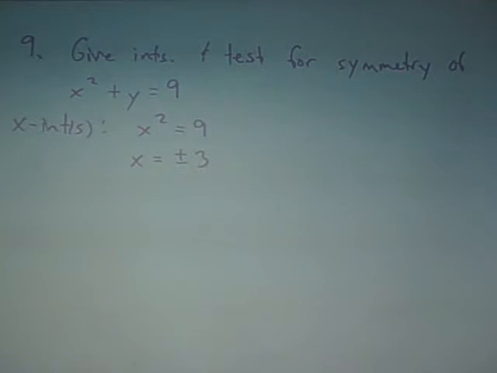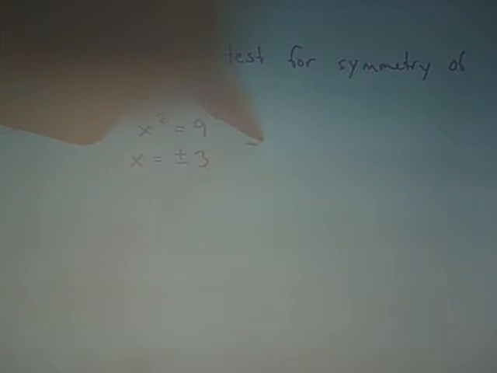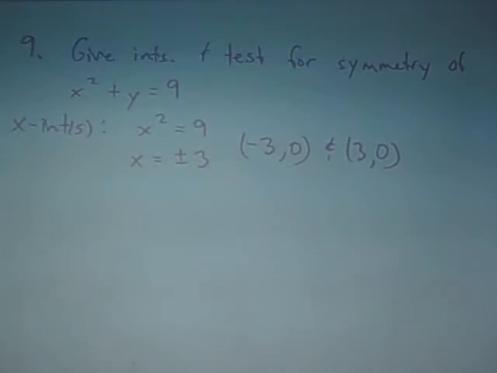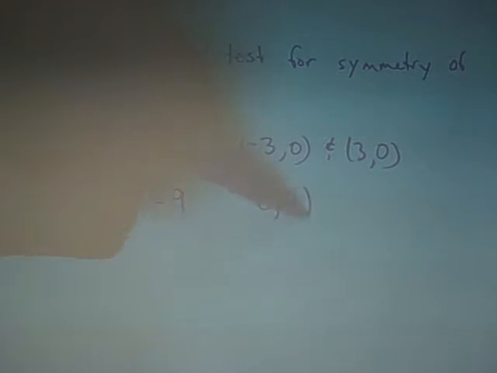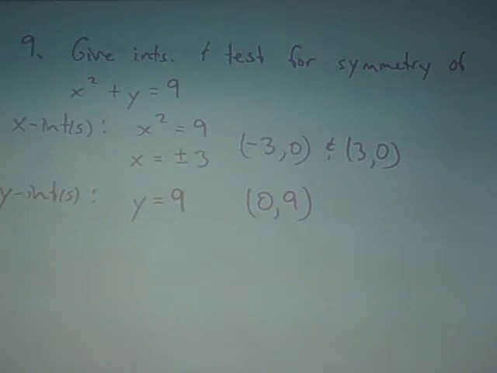So both positive and -3 will work in that equation. And so the intercepts are -3, 0, and +3, 0. Y-intercept, or intercepts, I guess. We put in 0 for x and solve for y, and that just gives us y is equal to 9. So 0, 9 is our y-intercept.